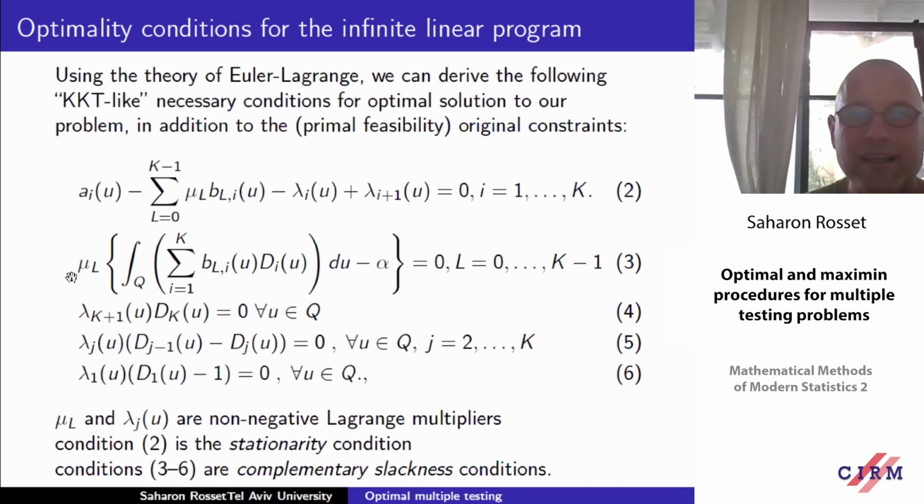The important thing is that in terms of Lagrange multipliers, in terms of constraints in my problem, I have a finite set of integral constraints, right? These are the type 1 error constraints, and each one of them has a Lagrange multiplier. So these are just K constraints with K Lagrange multipliers.